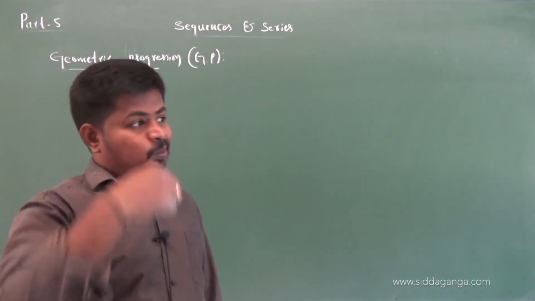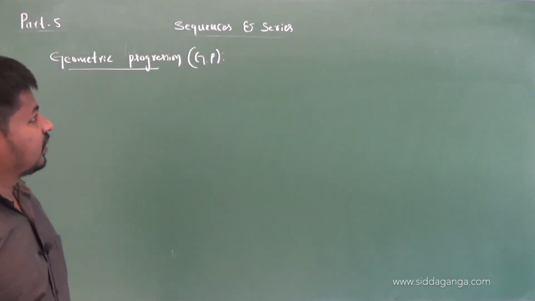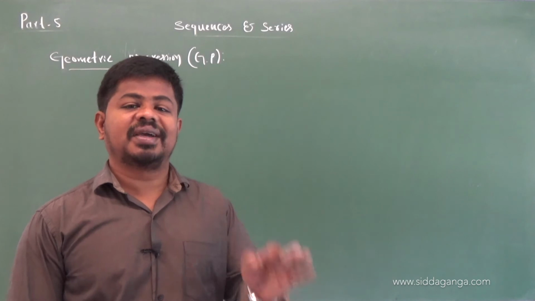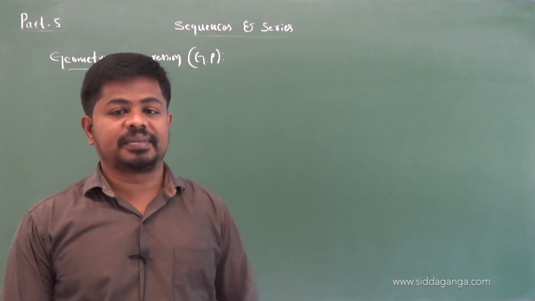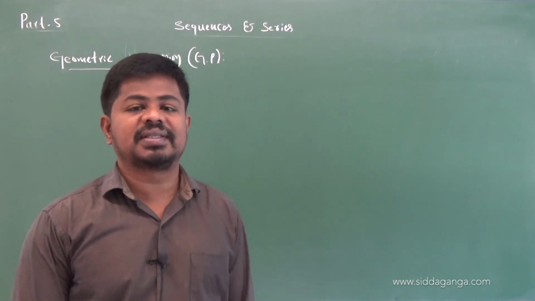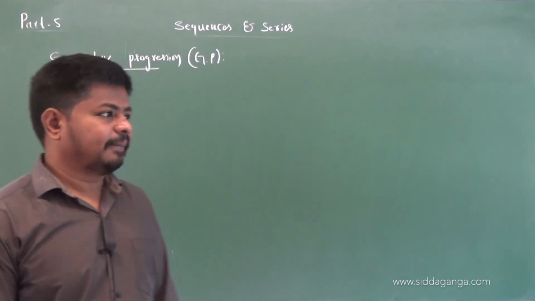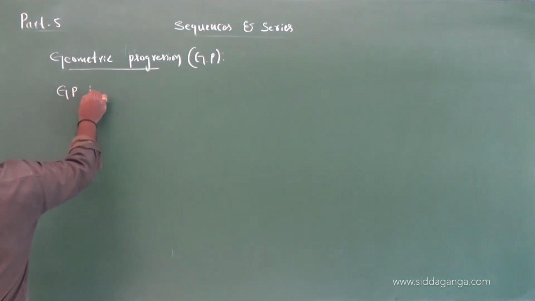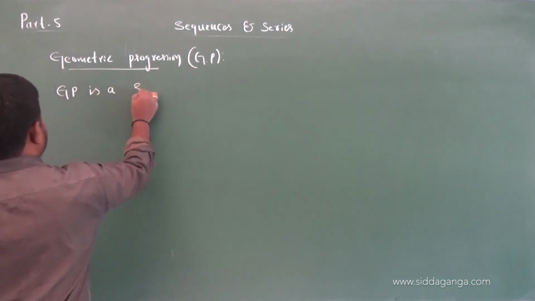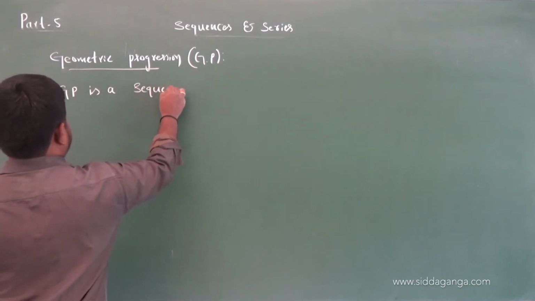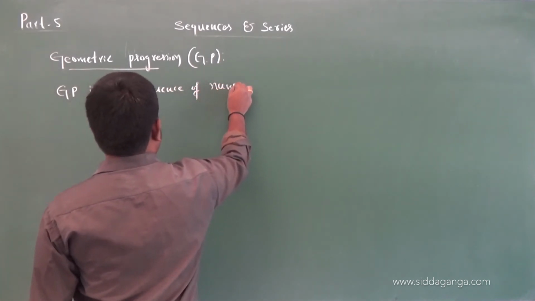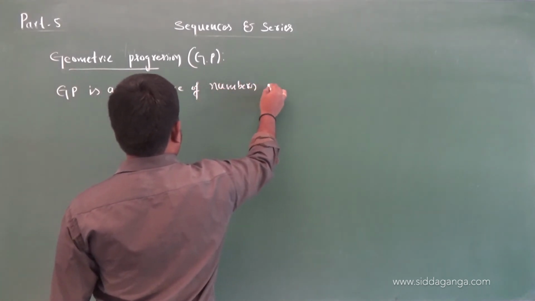Same as before, a geometric sequence is a sequence in which the ratio of the current term and the preceding term is the same, and that constant we call the common ratio.